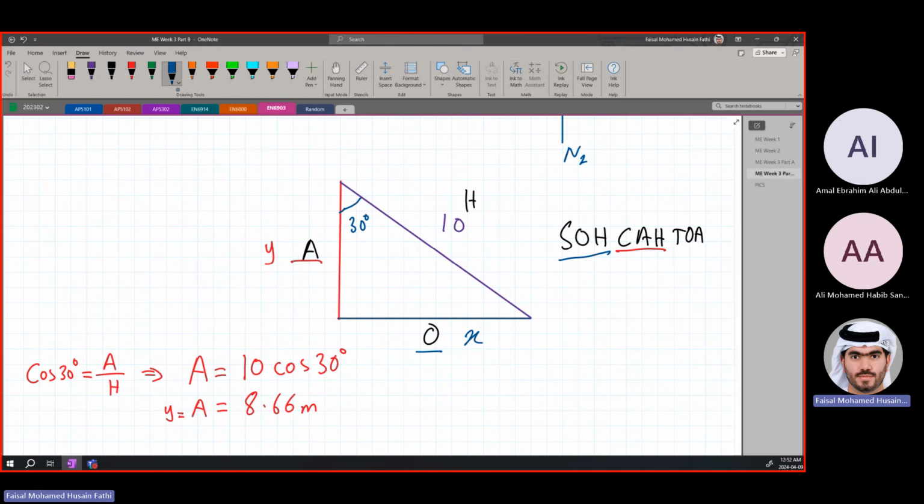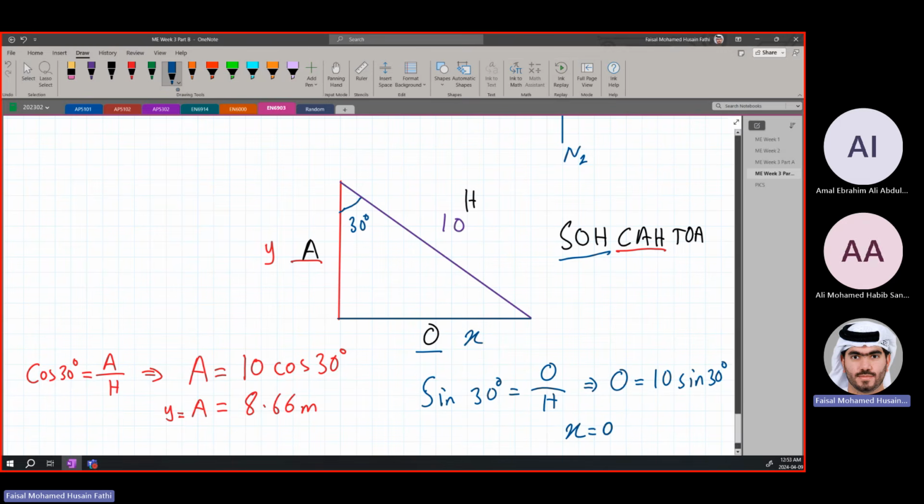So sine 30 degrees is equal to opposite over hypotenuse. Meaning the O is going to be equal to 10 sine 30 degrees. So X, which is equal to O, is 10 sine 30, which is 5 meters.